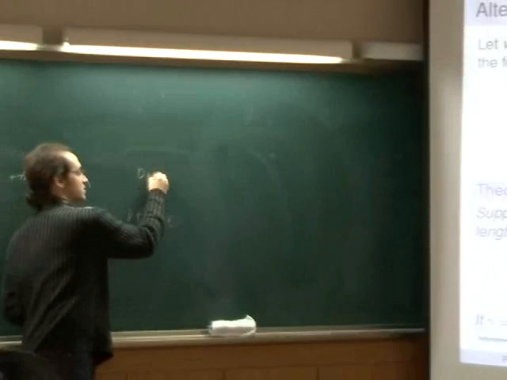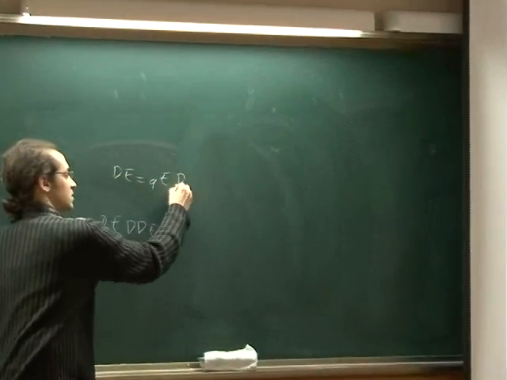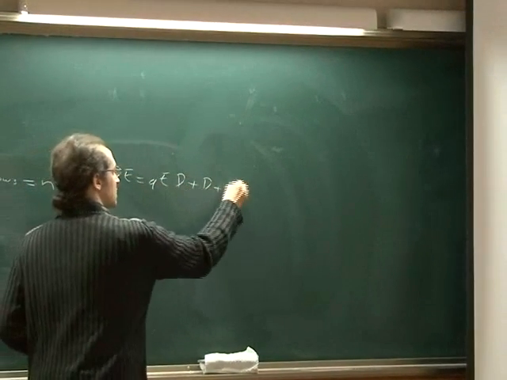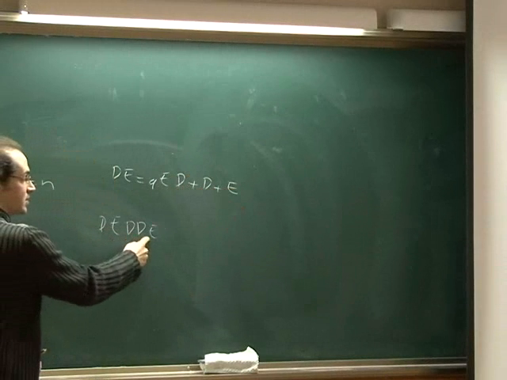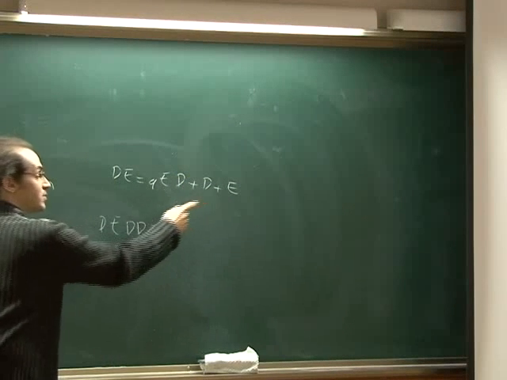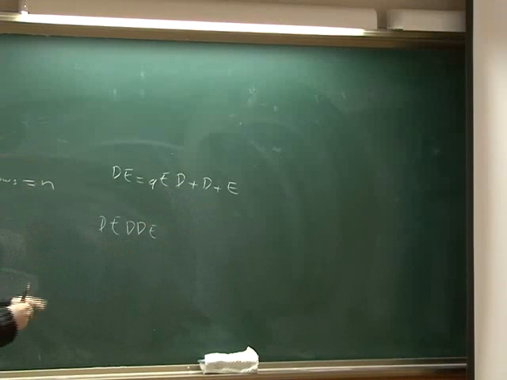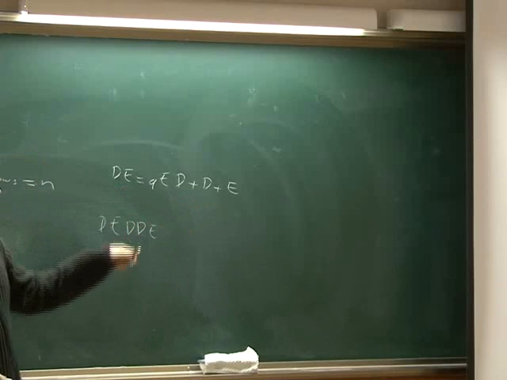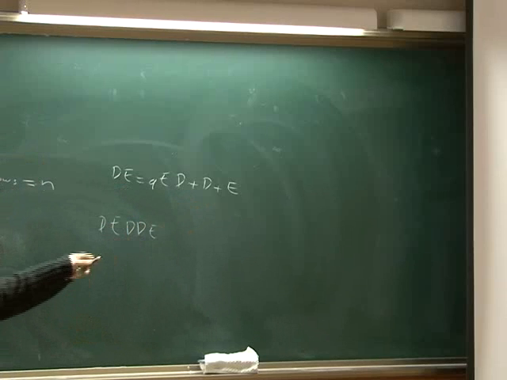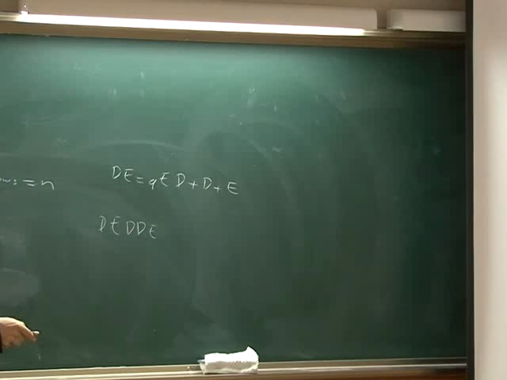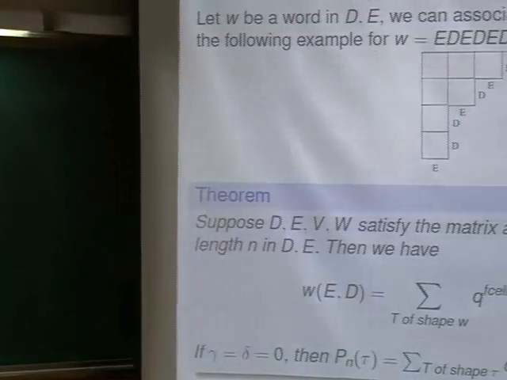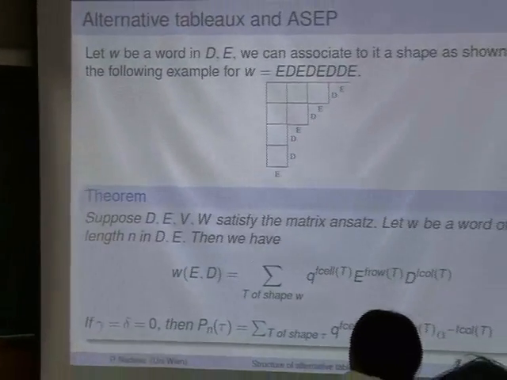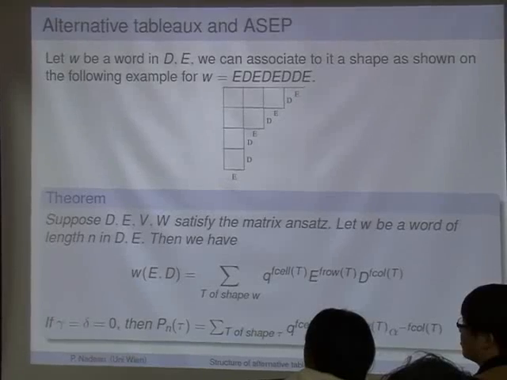The commutation relation is DE equals qED plus D plus E. So it's easy to see that every time you see DE, you will write it as qED plus D plus E. If you do this every time you see D followed by E, you will manage to write any product as a sum of words of the form E's at the beginning and D's at the back. Just by pushing all the E's to the left and all the D's to the right, thanks to this commutation relation.